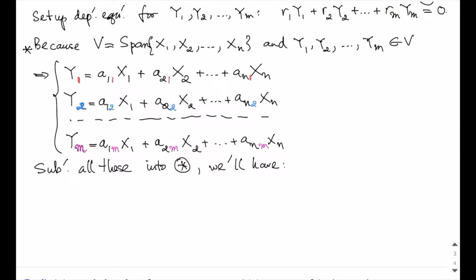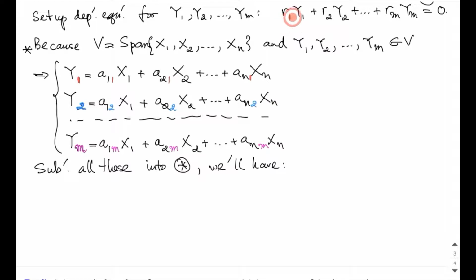And distribute Rm to the terms here. Then you rearrange the terms so that everything that involves x1 will be grouped together. Everything that involves x2 will be grouped together, and everything that involves the last xn will be grouped together. This is because we want to relate back to the original spanning set x1, x2, xn to see if we can utilize it. All right, so let's see what we are going to have.